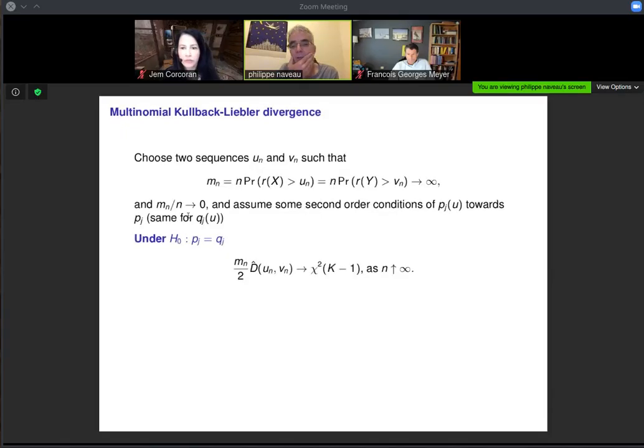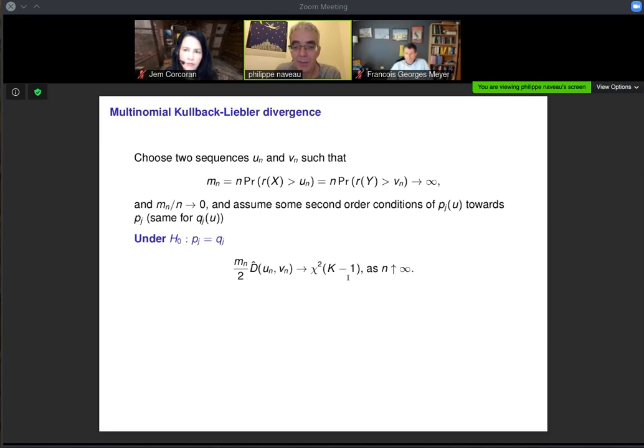I don't have time to speak about that too much, but what we can show is that under H0, so if P equals Q, basically, then this divergence goes to a chi-square with degree k minus 1. So that looks fairly simple, I would say. But it's kind of surprising because it doesn't depend on how I have chosen A. In some sense, I just need K, the number of sets in A, but I don't have to say that A has to have any specific form.